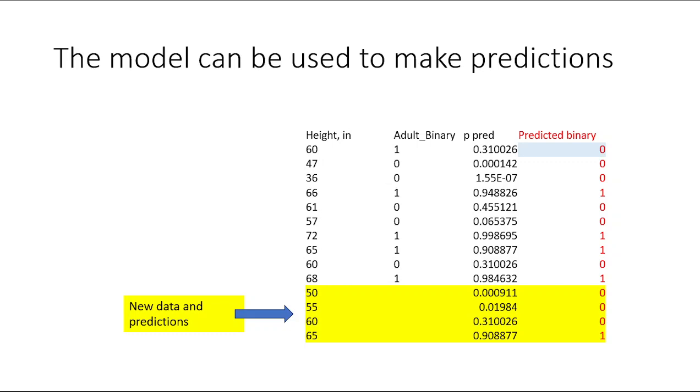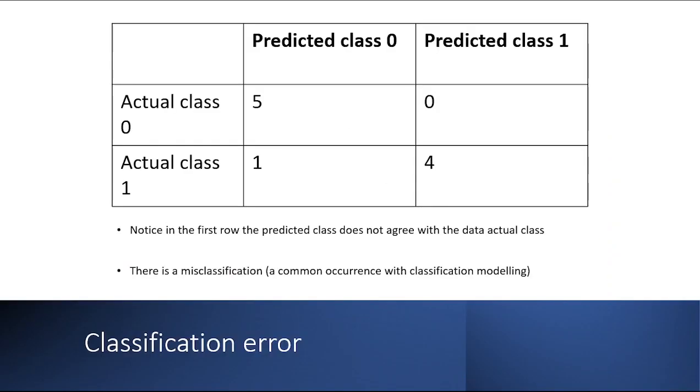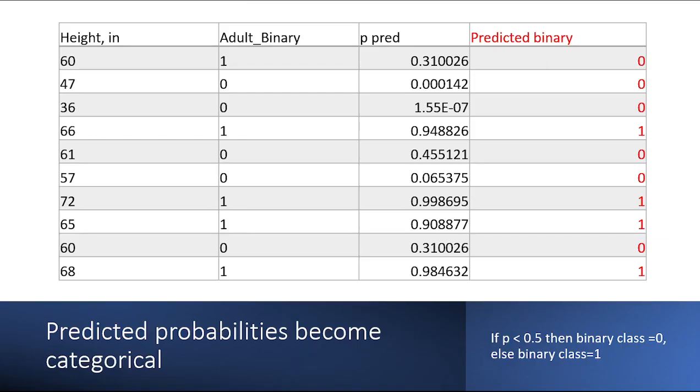Okay. So now this is expanding on things. Because really what we don't want to do is just run a model on the data that we already have. That's really not doing much. Except that when we run the model on the data that we already have, we can use it to look at the accuracy.